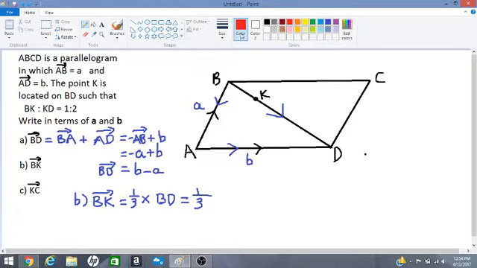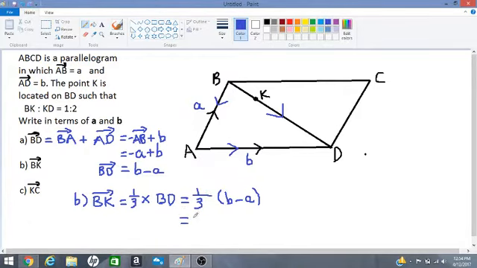So 1/3 times b minus a. We are multiplying 1/3 times b and then 1/3 times negative a using the distributive law.